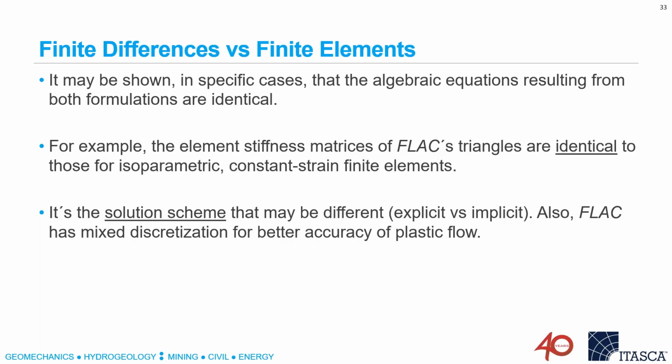Obviously, Itasca prefers the explicit method because it allows us to follow nonlinear material behavior in a more physically realistic way than the implicit methods do. And it also includes mixed discretization, which is probably the best formulation for plastic flow that there is.